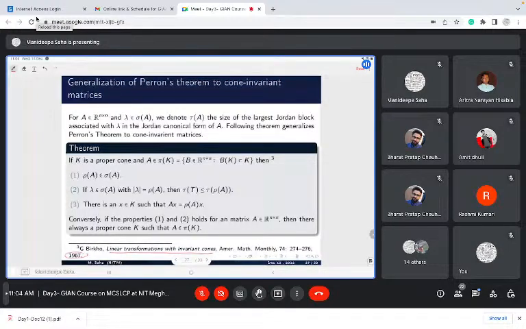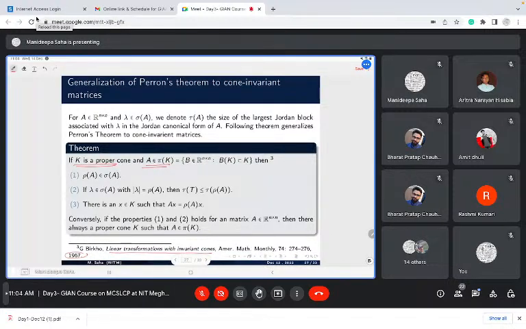So first, suppose you start with a proper cone, and A is any matrix in pi(K), that is, any matrix which leaves the cone K invariant. Then for that matrix, rho(A) will always be an eigenvalue. The second thing is: if lambda is any eigenvalue whose absolute value is exactly equal to the spectral radius, then tau(A), what is tau(A)?